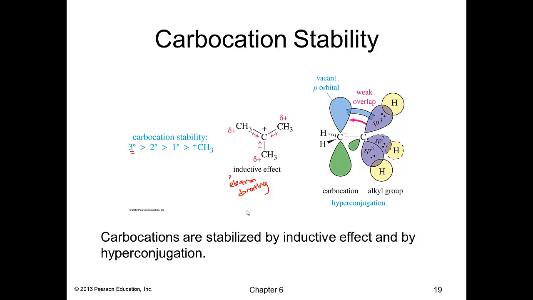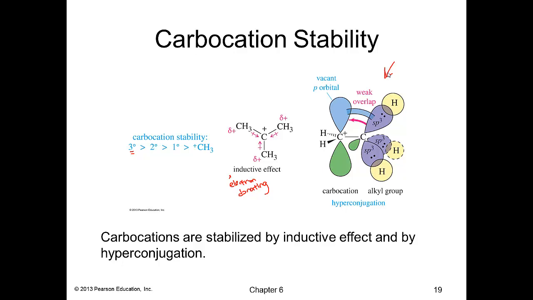Something which is not taught at the A level, but I think is good for you to know. In terms of an orbital diagram, this is the orbital diagram for how stabilization takes place. Simply put, it is just an overlap of the sp3 orbital of the CH3 with the vacant p orbital of the carbocation.